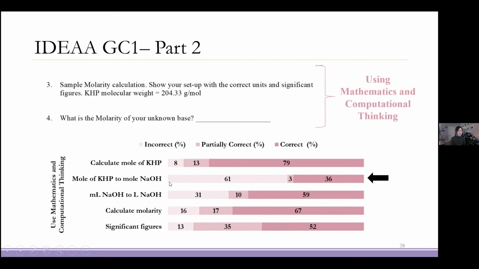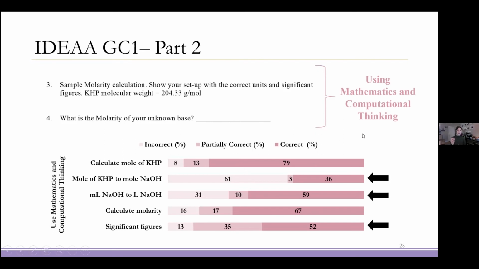So students weren't necessarily showing that they understood that, and a lot of the students did get this incorrect because they weren't showing that it was a 1:1 in the way that we were assessing them. They were forgetting to convert milliliters to liters, and the appropriate number of significant figures was 3, and many of them weren't getting that correct because of the way that they recorded their volume when reading the burette. Like I said, they may not have recorded to the appropriate amount of significant digits.